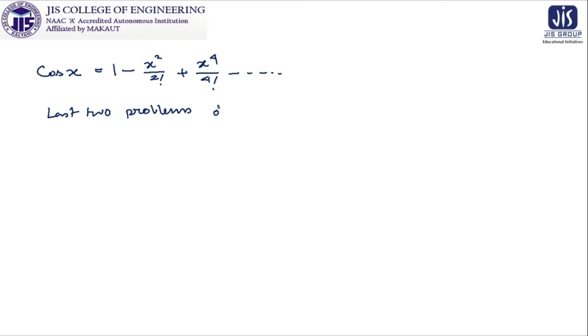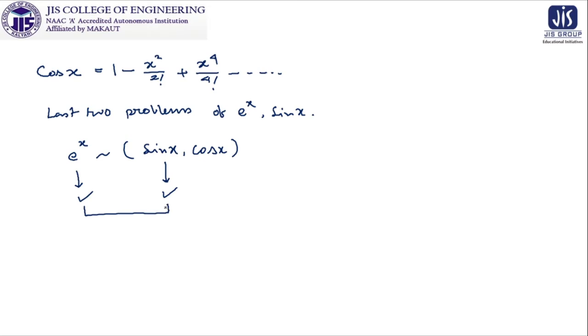One can use e to the power x and its relationship between sin x and cos x, and as you know this one and this one, from these two you can find out the expansion of cos x. It is my request to my listeners to do this as per your convenience, so it will be a good understanding from various methods.